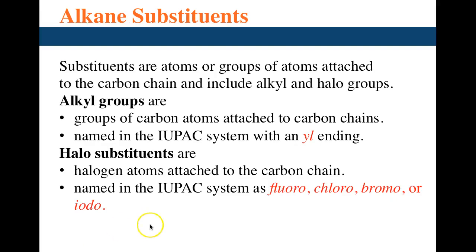So those substituents, if they come from an original alkane with one hydrogen missing, then the substituent is called YL, alkyl: methyl, ethyl, and so on. If the substituent is a halogen like fluorine or chlorine or bromine or iodine, then the substituent names are fluoro, chloro, bromo, iodo, and so on.